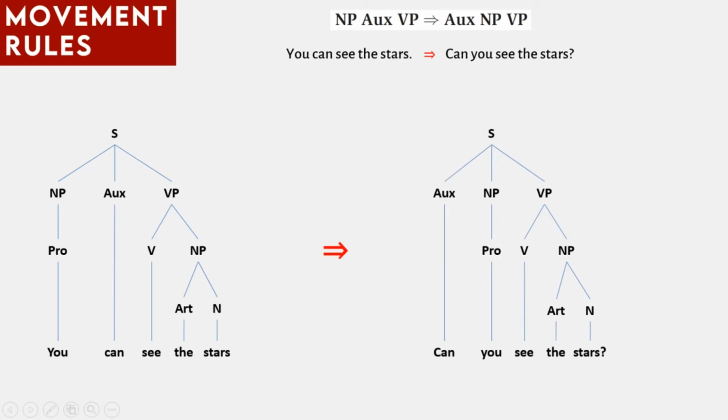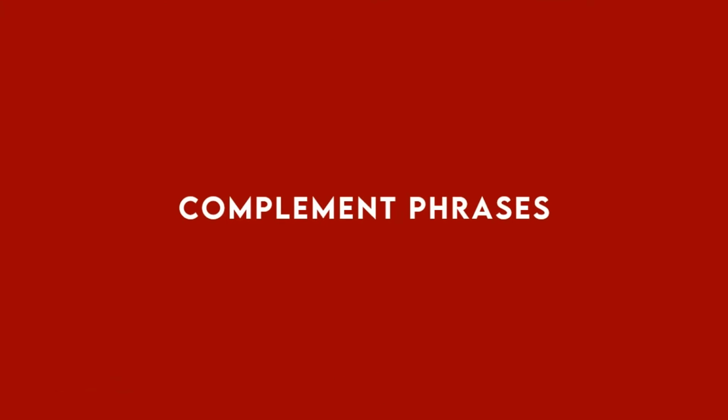For that reason, we transposed this affirmative sentence into an interrogative sentence. It's important to recognize all of this because we save a lot of time when checking it, okay? Now, let's continue. We have the complement phrases.